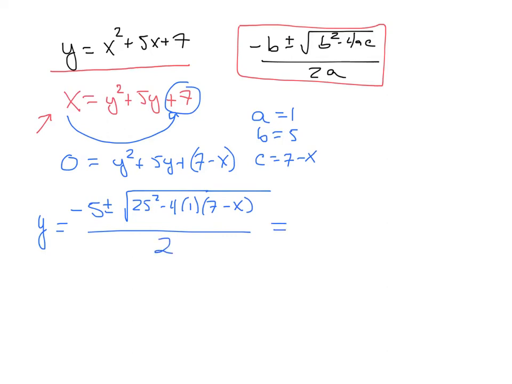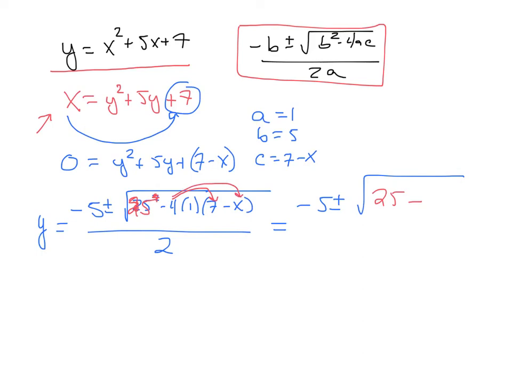So this is going to equal negative 5 plus or minus the square root of 25 minus, and we're going to have negative 4 times 7 and negative 4 times a negative x.